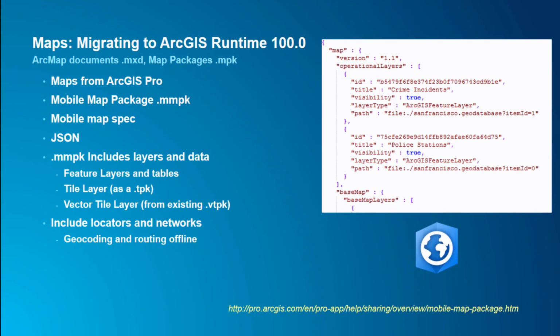It will take your ArcGIS locator that's referenced when you're creating that mobile map package and the ArcGIS network dataset, and it will convert those to a runtime equivalent of the network dataset and the locator for geocoding and routing within your runtime applications. So the mobile map package contains all of that information: your operational data, base map, locators, and networks as well.